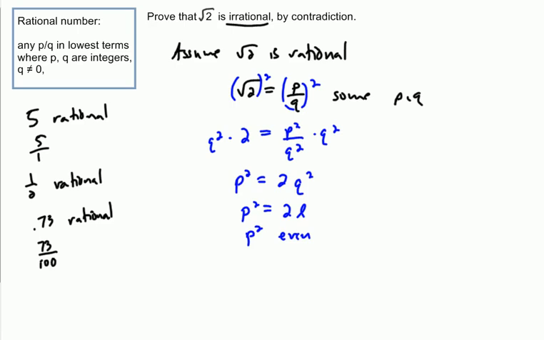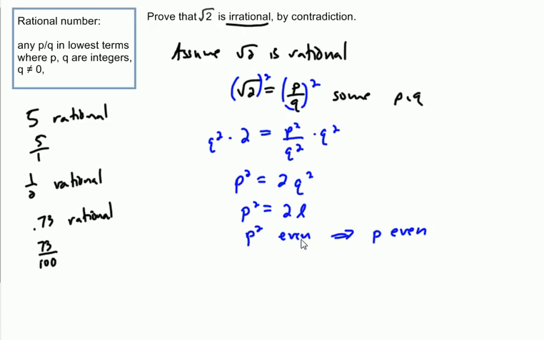Now, this is something established in the book, that if p squared is even, that implies that p is even. That, on its own, would be a separate proof. We can call that a lemma that we would go off to the side and prove. But this is established, and we're just going to ask you to take our word for it at this point.